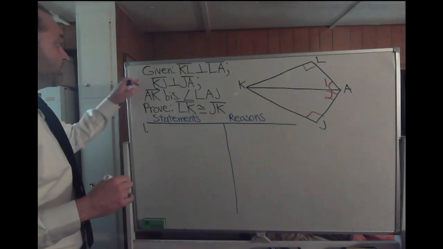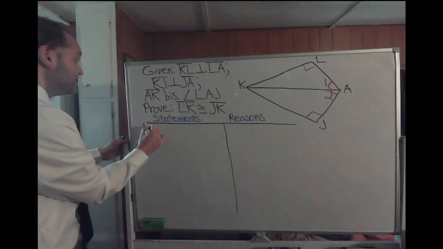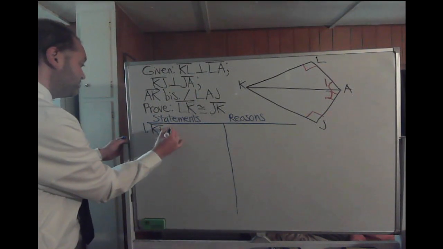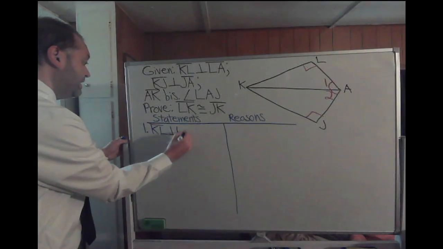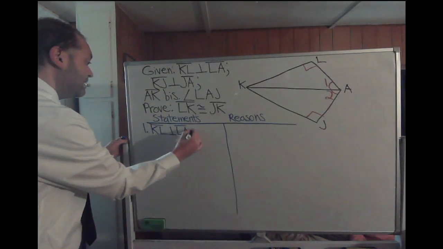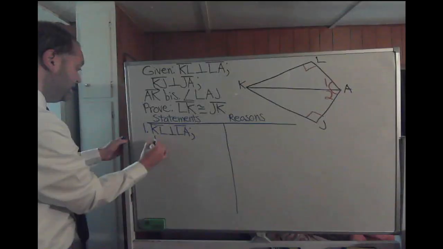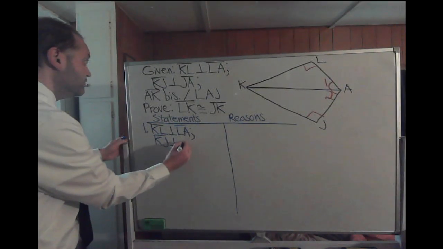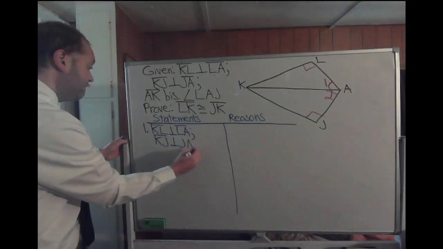I would start out with the first two pieces, that KL is perpendicular to LA, and then KJ is perpendicular to JA.